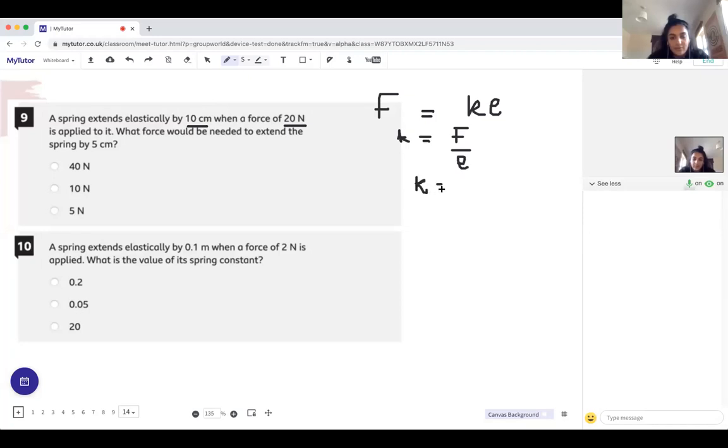Now, remember that force is measured in newtons, but extension is measured in meters. So we need to get 10 centimeters in meters. 10 centimeters in meters is divided by 100, so we get 0.1 meters.